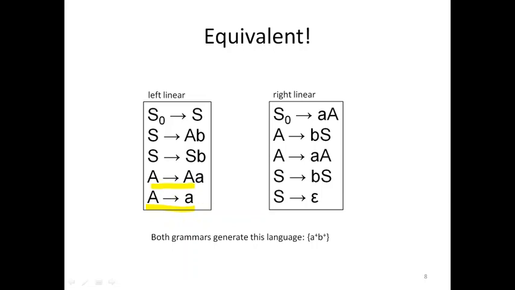Here you have a production like capital A giving capital A small a. Corresponding to it, you add a production like capital A giving small a capital A. Now you look at the production corresponding to S giving capital S B. Corresponding to that, you add a production like S giving B capital S.